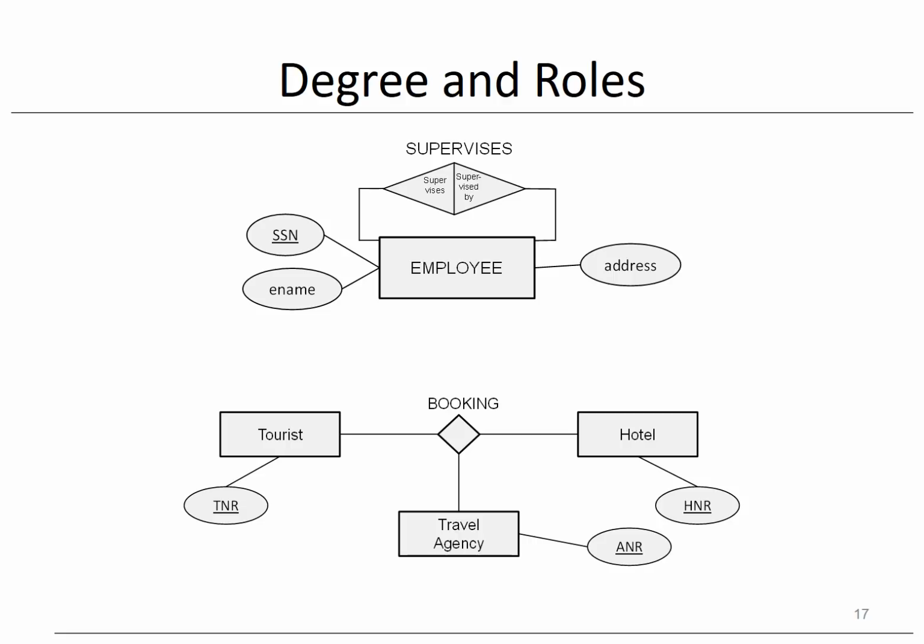The second example is a ternary relationship type, booking, between the entity types tourist, hotel, and travel agency. Each relationship instance represents the interconnection between one particular tourist, hotel, and travel agency. Role names can also be added, but this is less straightforward here.